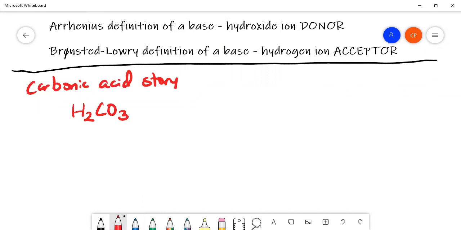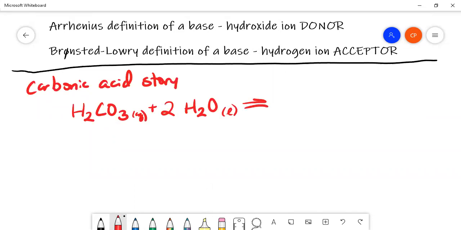Now, I need y'all to do me a favor here. Even if you're not the best of note takers, I need you to write down this particular reaction for me. Carbonic acid, aqueous, dissolved in water, plus 2 H2Os as a liquid.